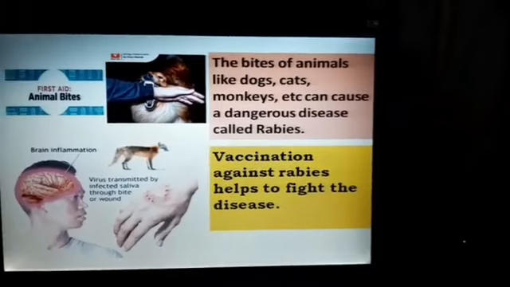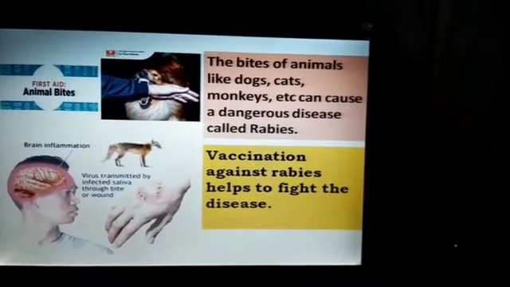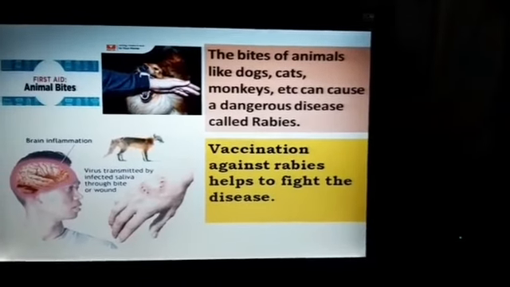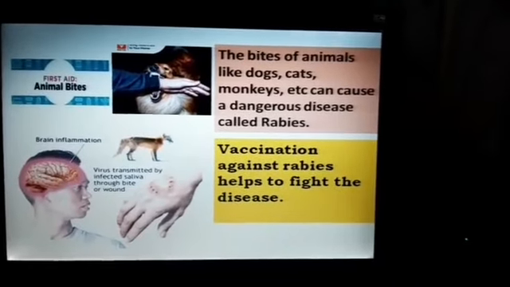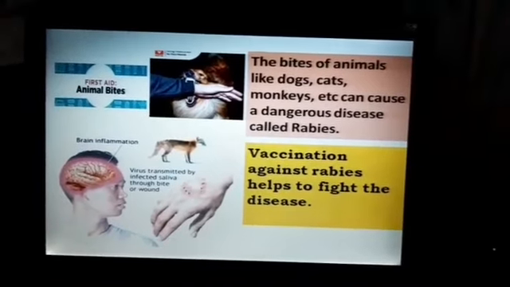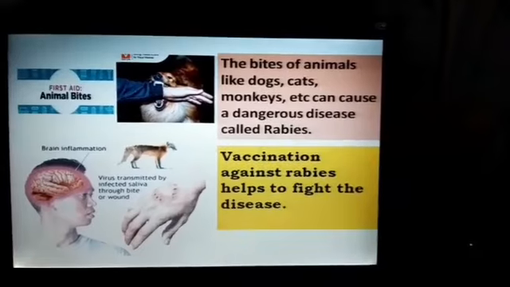The bites of animals like dogs, cats, monkeys can cause a dangerous disease called rabies. Now, rabies is a kind of brain disease which is caused by the rabies virus.